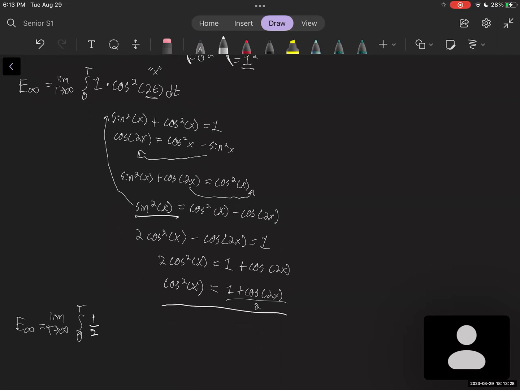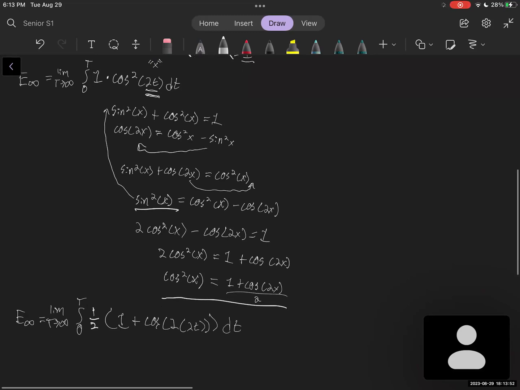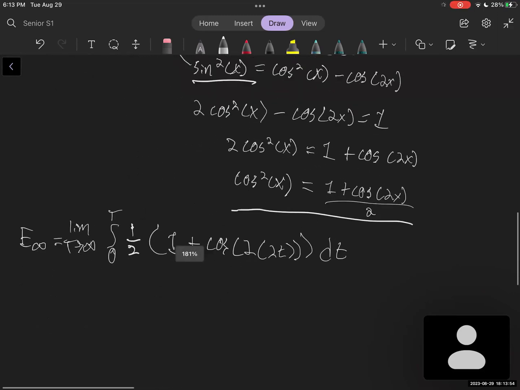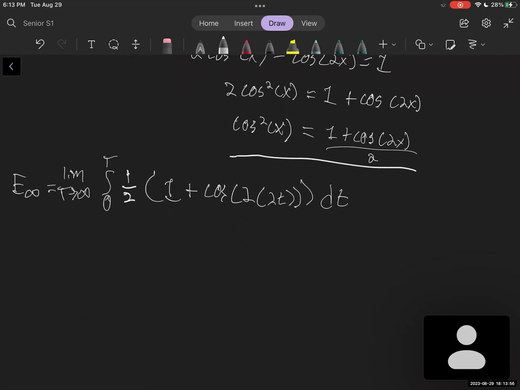I'm going to pull the 1/2 out from this just to make it simpler, times 1 plus cosine of 2 times our x value, which we defined up here to be 2t. Now that we're in this form, the problem is considerably simpler to solve.